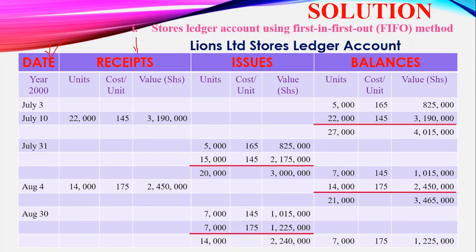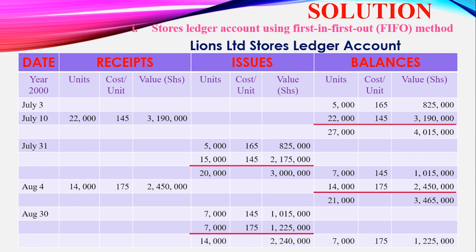The receipts stand for the purchases, what was bought. Issues are the sales, what you have issued out. The balances are what remains once you sell, or the new value after you have bought some new stock.